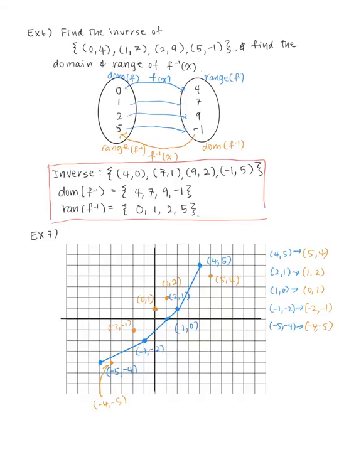So it looks like our graph's going to look something like this. I am the worst at graphing. Here we go. There. All right. So this is the graph of f inverse of x.